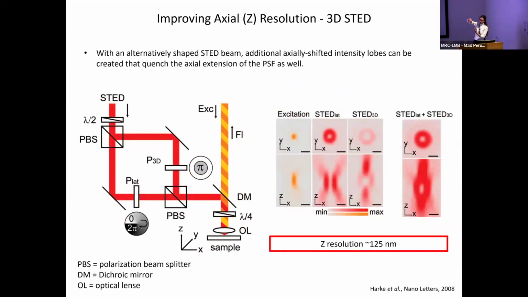So you will have a cap on the bottom and a cap on the top, and you encapsulate the region with a 3D donut: a donut and two caps on the Z axis. That also narrows the PSF in the Z plane, so that you also see with better resolution. You can reach 120 nanometers, so you are below the diffraction limit.